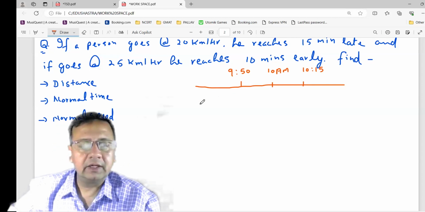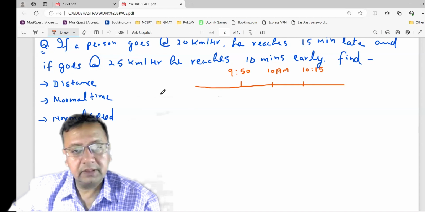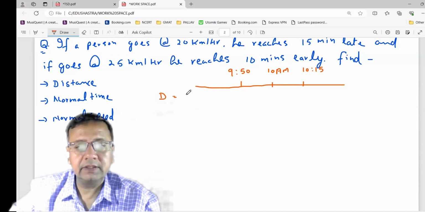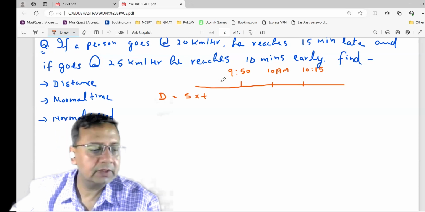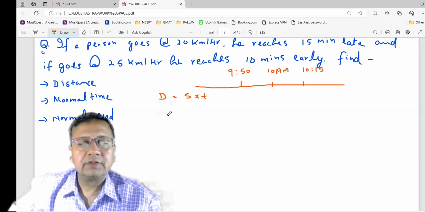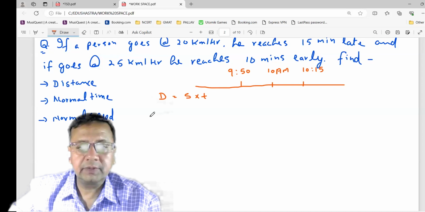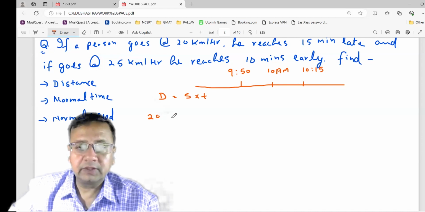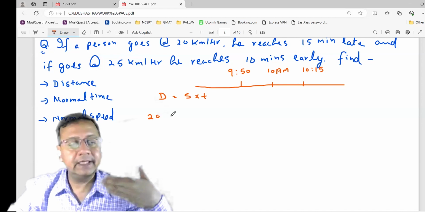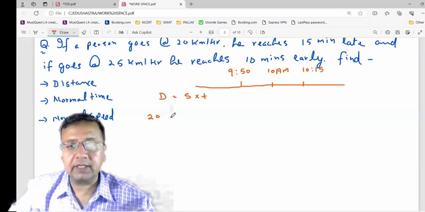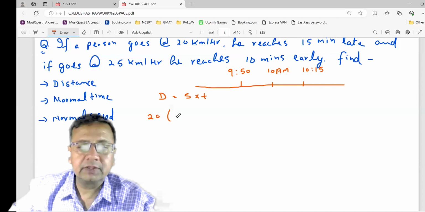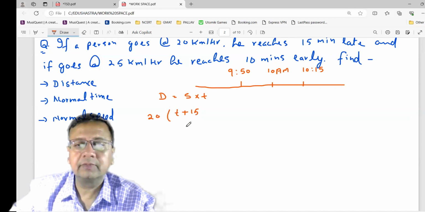Now the standard thing is distance is equal to speed into time. There is no change, the same logic is there. So what is the speed? First 20. Now, what is the time? Reaching 15 minutes late, taking extra time, so this is t plus 15.